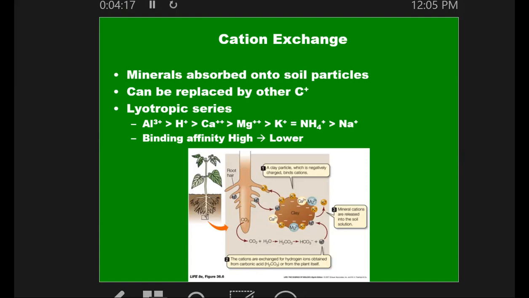That's just one example of how cation exchange can happen. Soil is extremely complex, and there are other mechanisms besides protons where you can see cation exchange happening. That is definitely in play around the plant root and can help get those cations, those minerals, into the water, and then the plant can take them up.